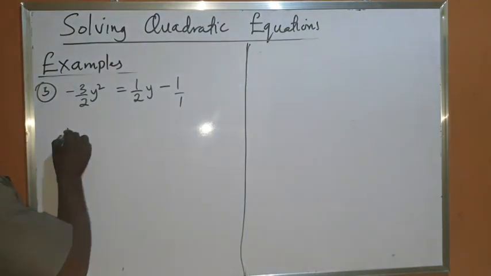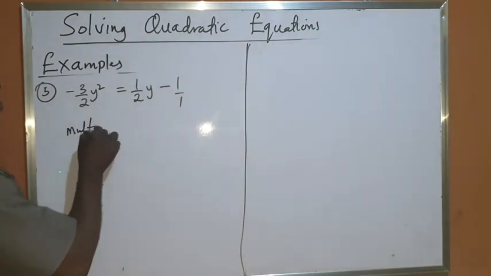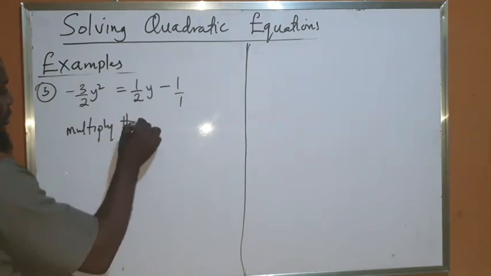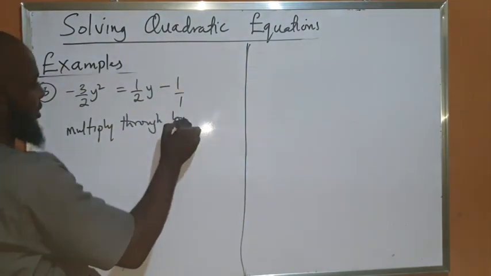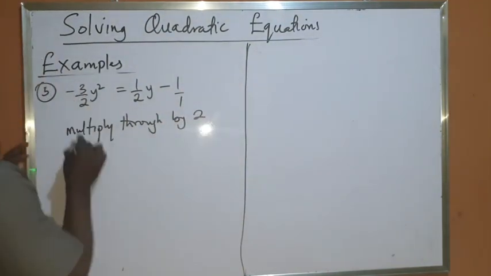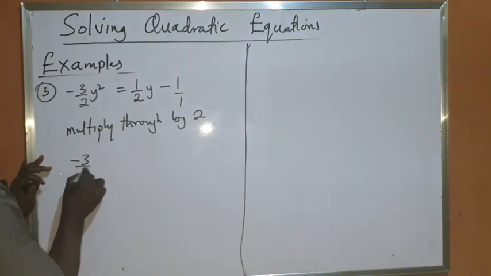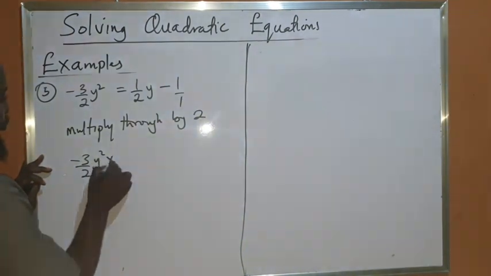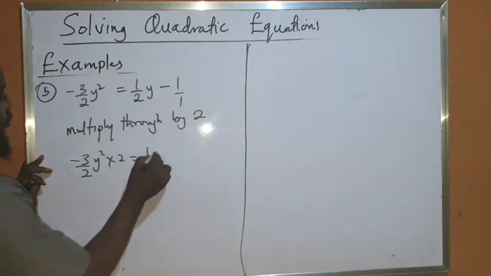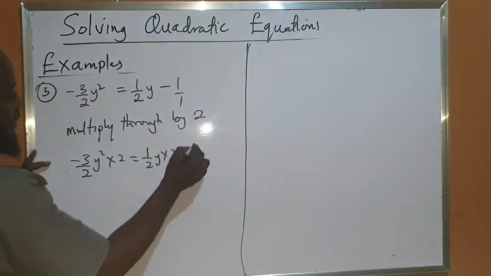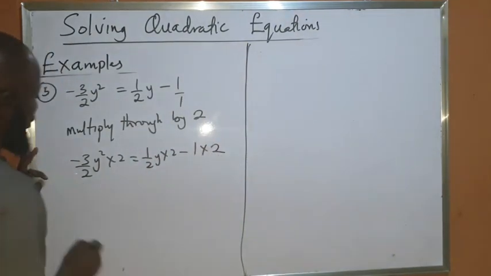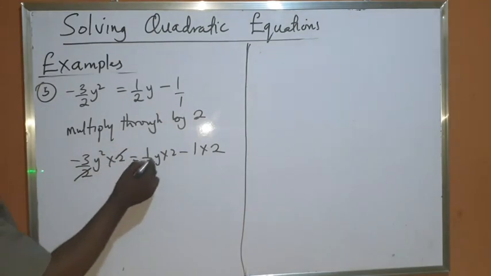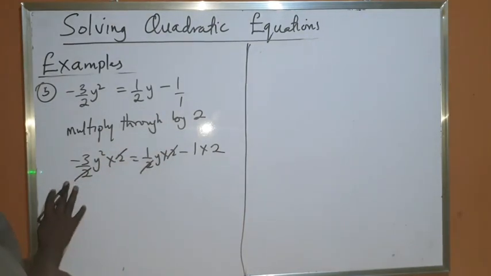So what we're going to do is multiply through by 2. That means minus 3 over 2 y squared times 2 equals 1 over 2y times 2 minus 1 times 2. These two cancel these two, and these two cancel these two. So what do we have left here?